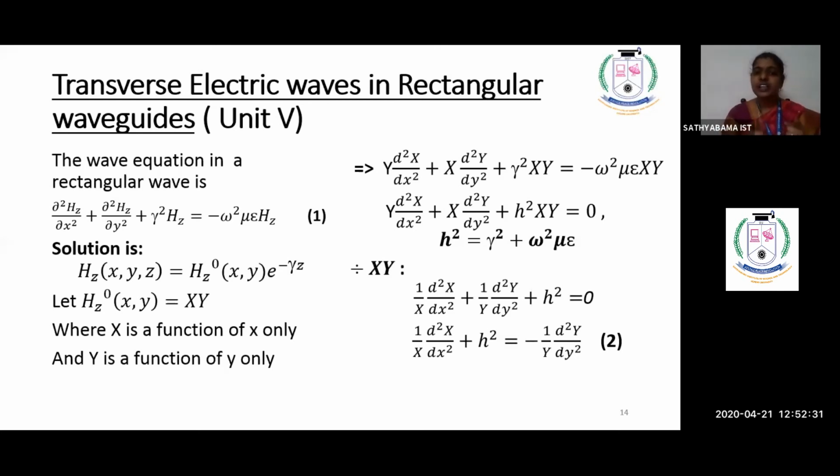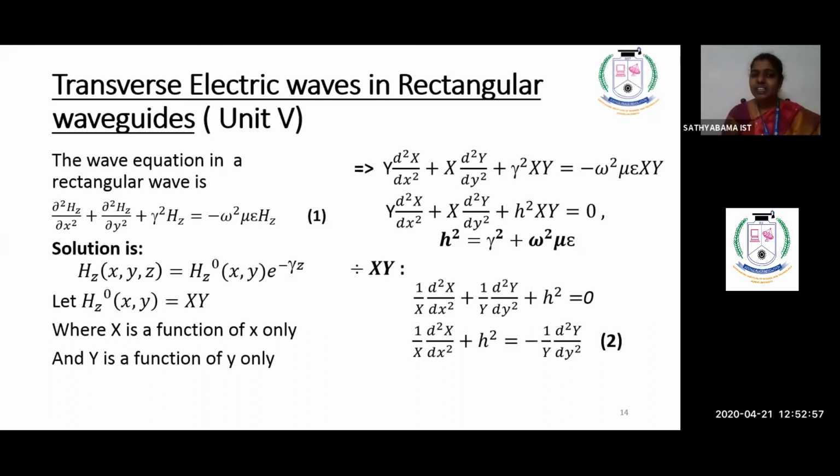In the solution, I have written x, y, z direction is reduced to x, y. That is what equation 1 says. Dou by dou z I differentiated, so that is not existing here. Two derivatives are there in equation number 1: dou by dou x is there, dou by dou y is there. So three directions, we have reduced it to two directions, x and y. So that magnitude Hz of xy is dependent on x and y direction.